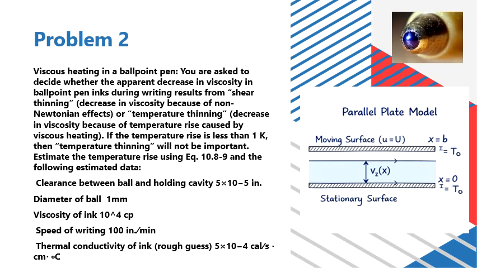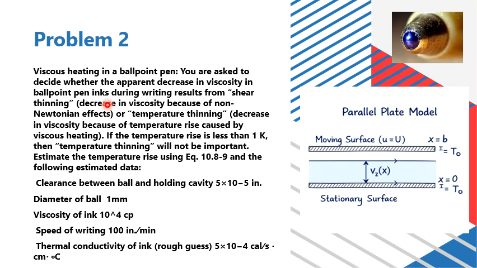Now, for problem 2, viscous heating in a ballpoint. Here we are asked to check ink viscosity, why ink viscosity decreases. Does it decrease due to shear thinning or temperature thinning?